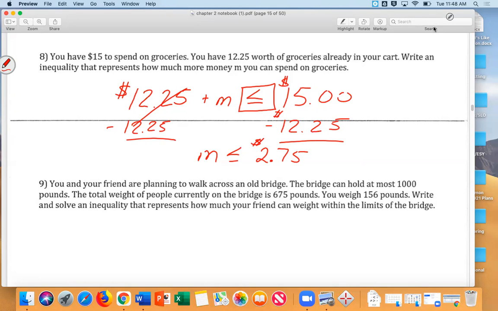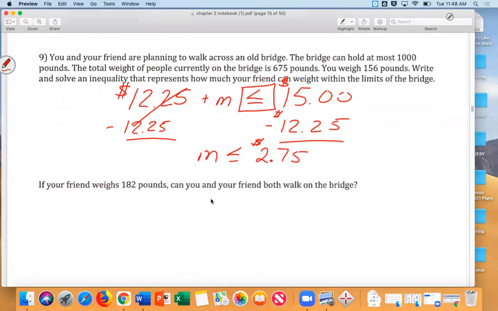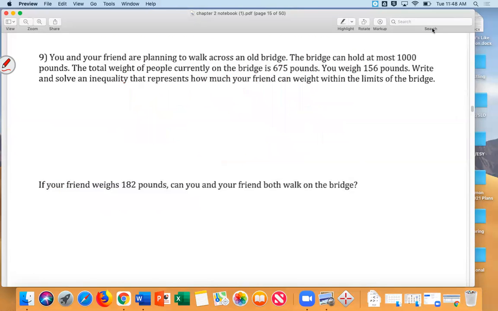All right, Mike. We're going to assume you're my friend. So me and Mike are planning to walk across an old raggedy bridge. The bridge can hold at most 1,000 pounds.